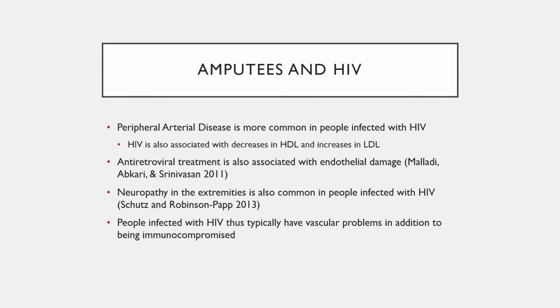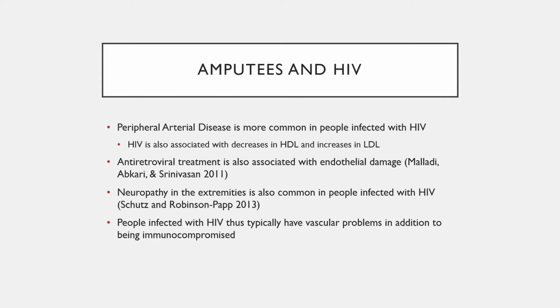So in essence, these patients should be treated in a similar manner to those with diabetes, since they have similar difficulties of having these vascular problems, as well as typically having neuropathy in the extremities. But these patients need extra precaution to prevent wounds because infection could end up being life-threatening.